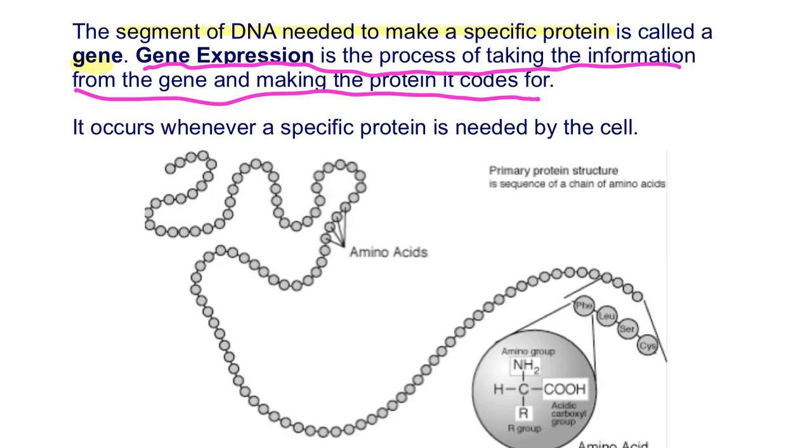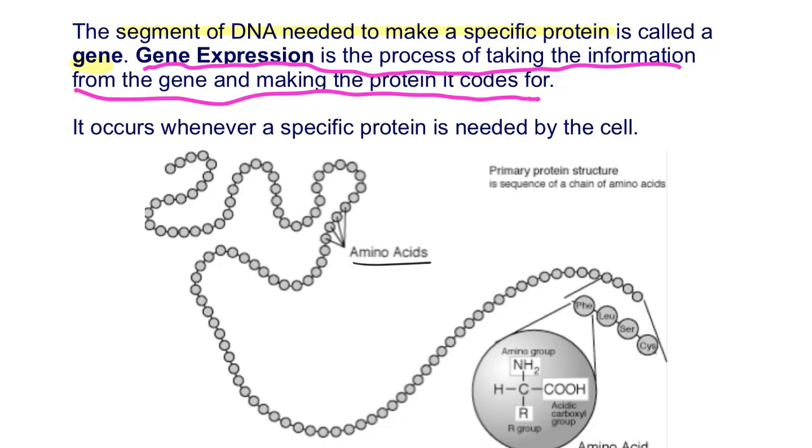This string of beads right here in the picture is a polypeptide, a protein. And each of the monomers are amino acids. Now there's 20 different amino acids. So that's like 20 letters in the protein alphabet, in the protein language.